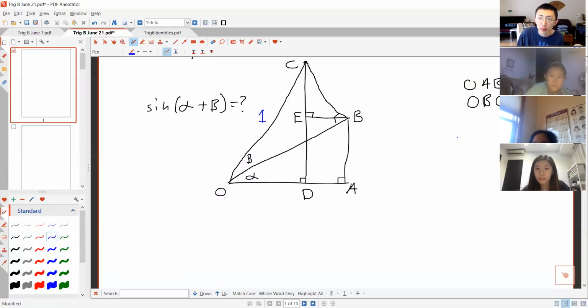So OC is 1. So I scale the diagram so that the hypotenuse of the biggest triangle is 1. And then, okay, so then what would BC be in terms of the two angles and 1?